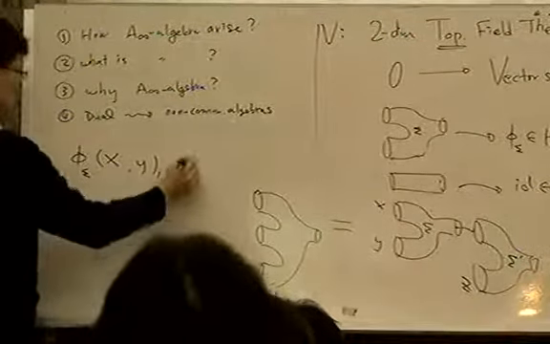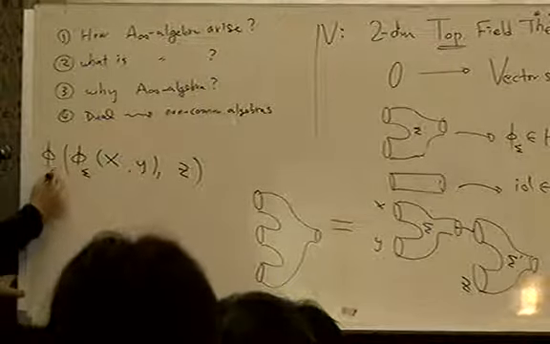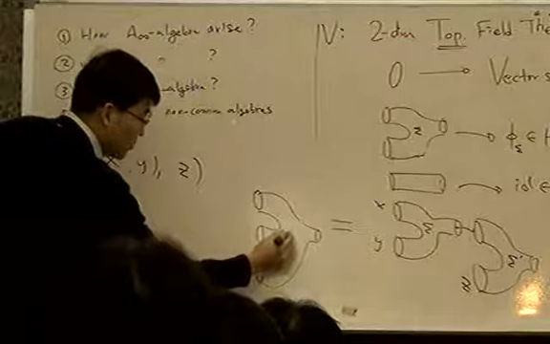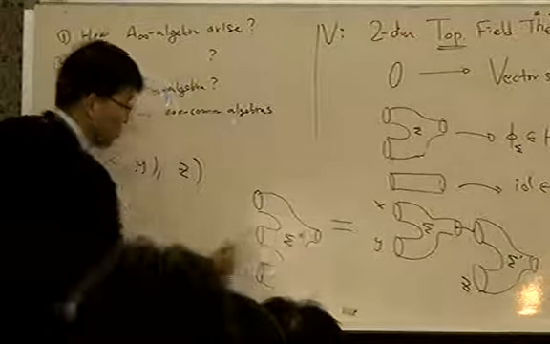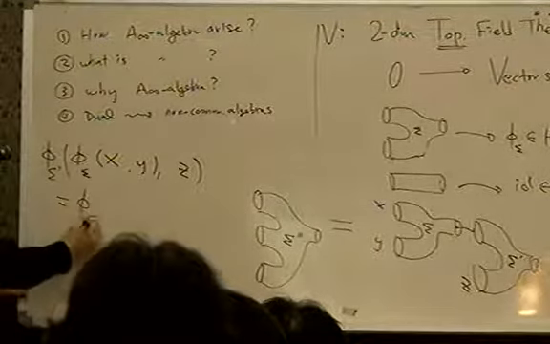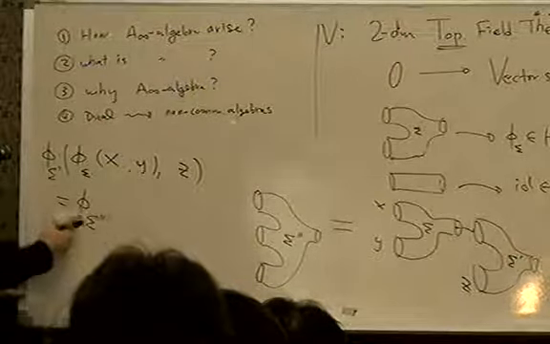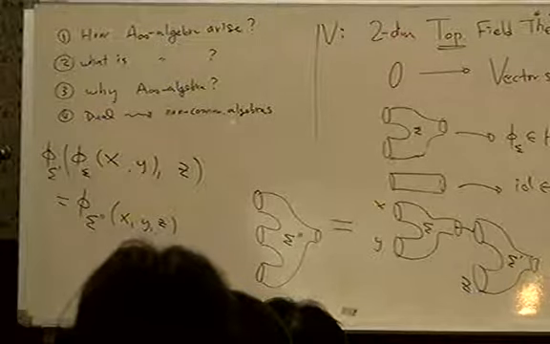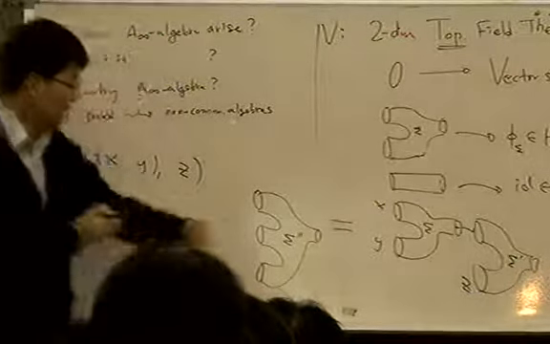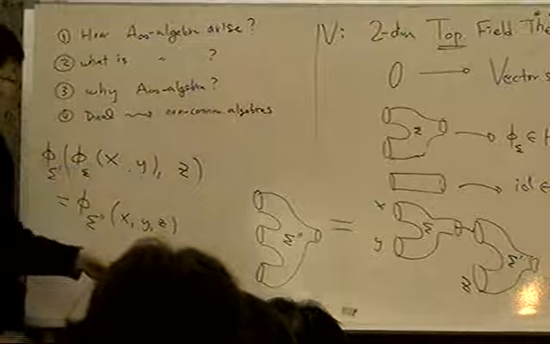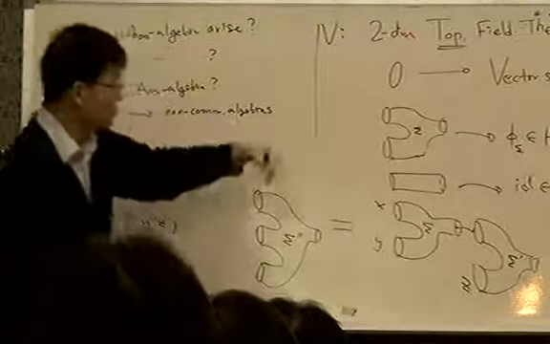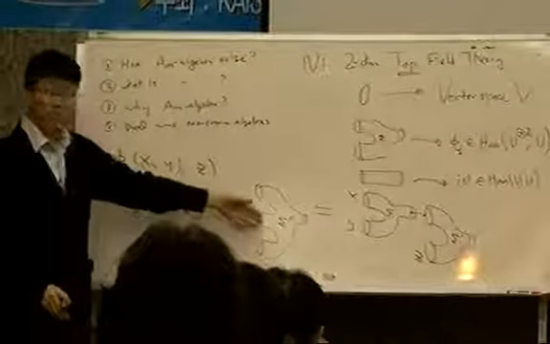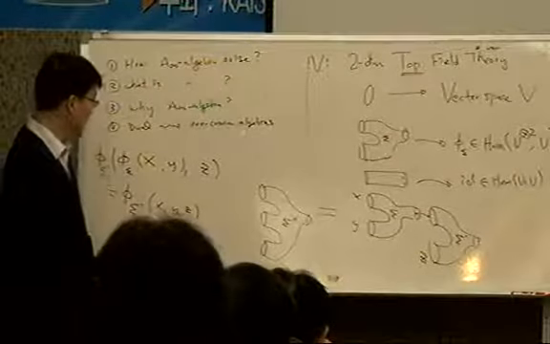Let's call the glued surface sigma double prime. Then we require that this equals phi sigma double prime of x, y, z. So there are these operations corresponding to each Riemann surface with boundary circles, and all of them have to be compatible in this gluing sense.